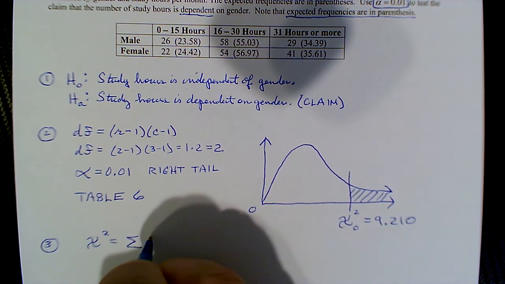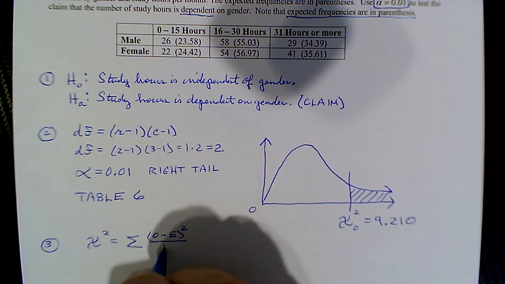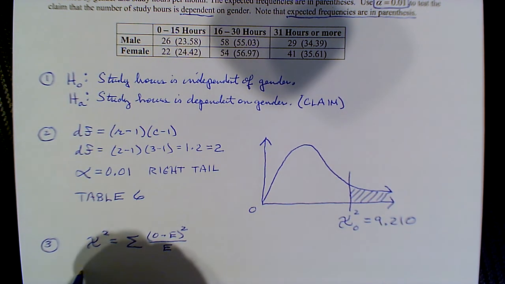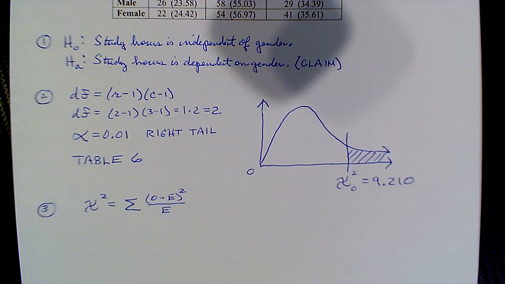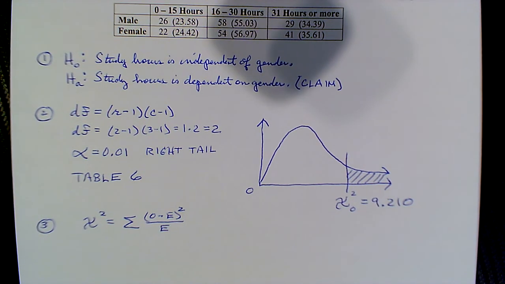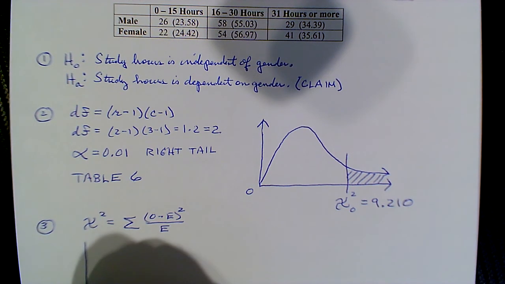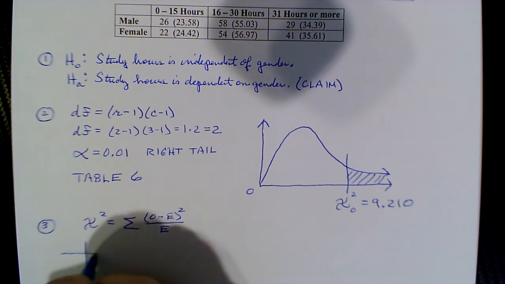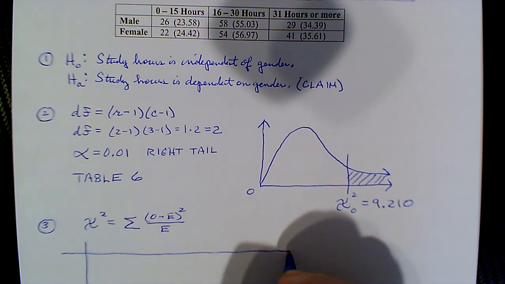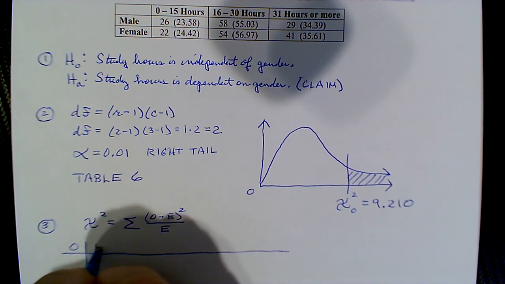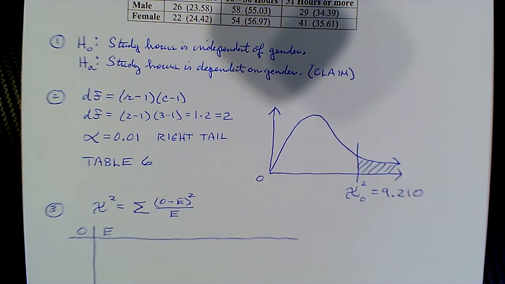Chi-squared is the sum of the (O minus E) quantity squared over E. Some people don't build the table and they just do the calculation of each one of these values and add them up as they go, but I think the table works nicely. You just build the columns easily, and then everything's right there in front of you.